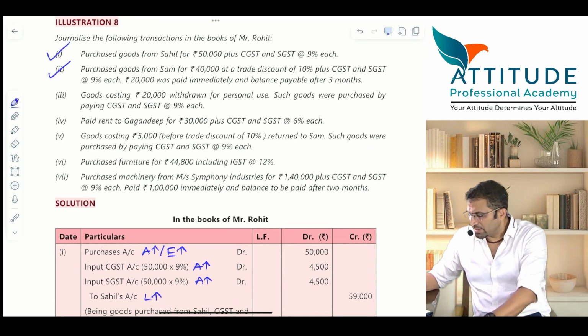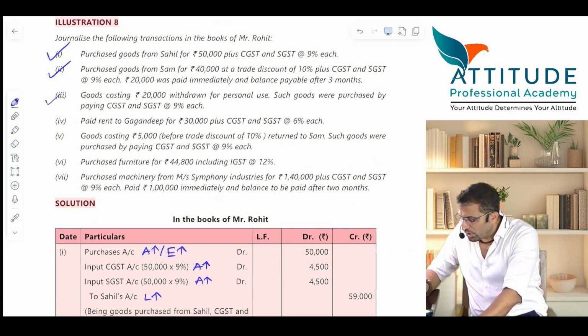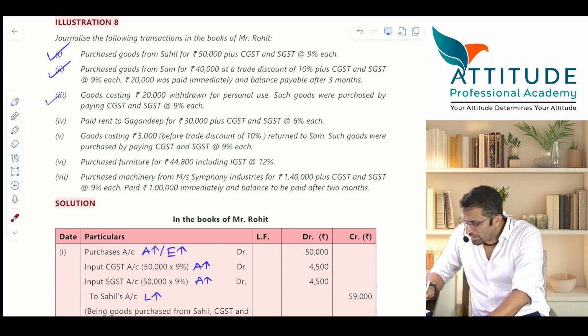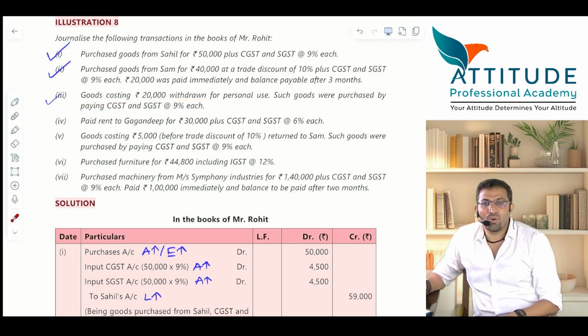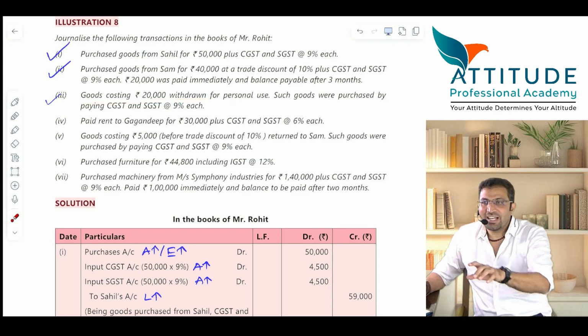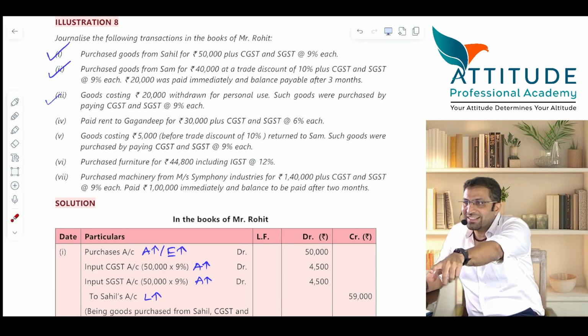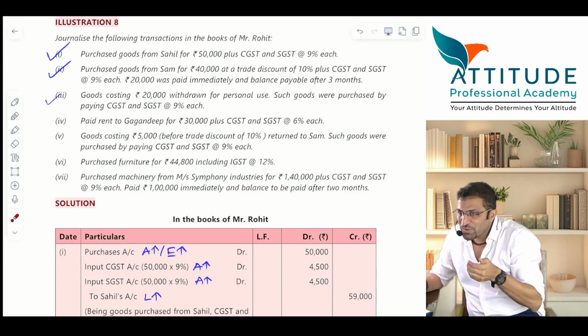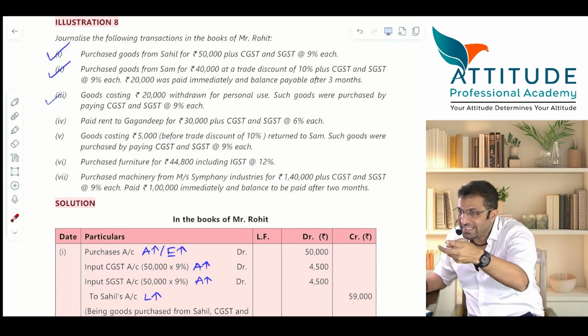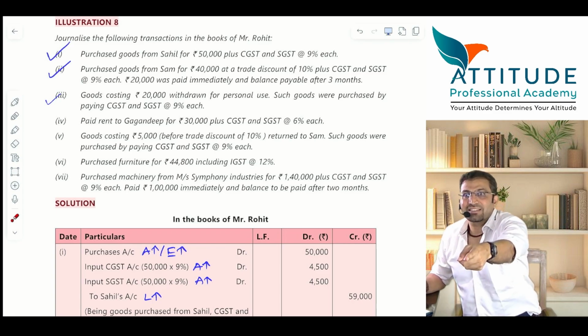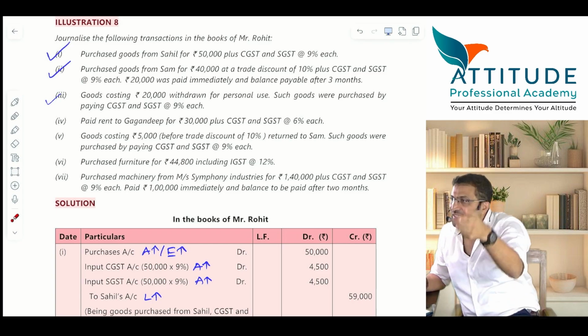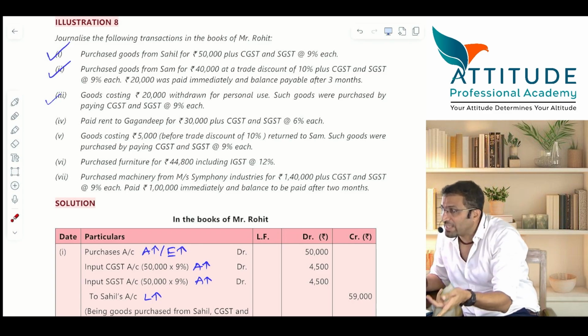Yes. Third one. Goods costing 20,000 withdrawn for personal use. And I gave that example today. If you are withdrawing the goods for personal use, input GST should get reversed. So input GST was earlier debited, now it will get credited.